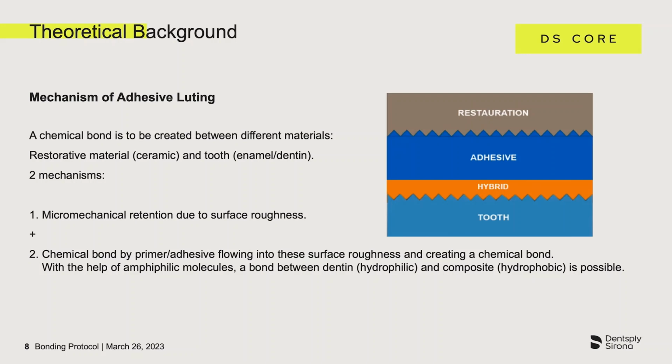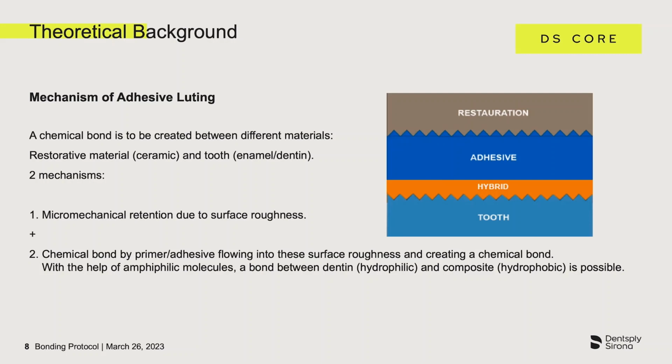Basically, adhesive cementation works with two mechanisms. First, micromechanical retention is established by creating surface roughness. The second mechanism, the chemical bond, is then created by flowing a primer or an adhesive into these surface roughnesses.